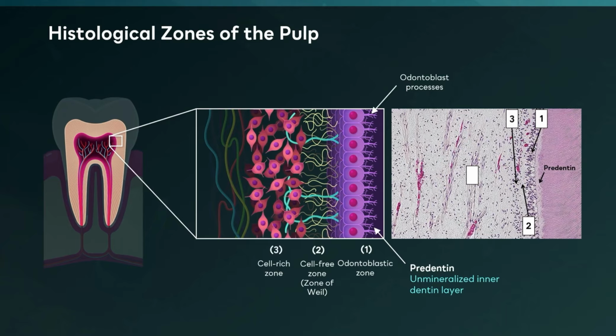Zone 3 is the cell-rich zone, which, again, as the name implies, contains a relatively high proportion of cells, and really all the ones I mentioned earlier. We have the fibroblasts, the immune cells, and even the mesenchymal cells. Finally, we have the pulp core. This zone contains the Raschkow plexus of nerves and the main blood vessels in the pulp.